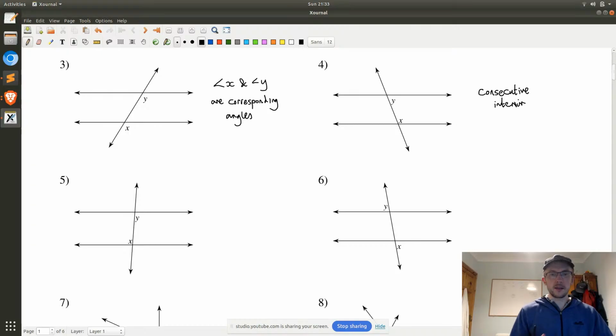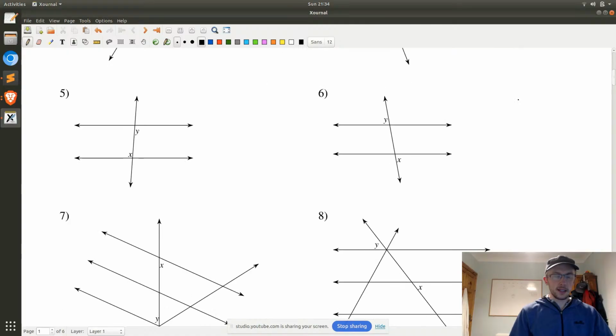That means they sum to 180 degrees, or put another way, they are supplementary. Angle X and angle Y are alternate interior angles, also known as Z angles.